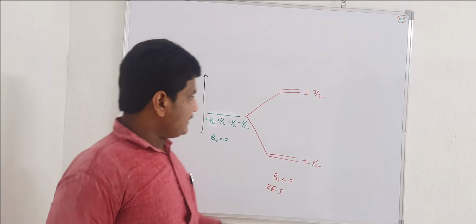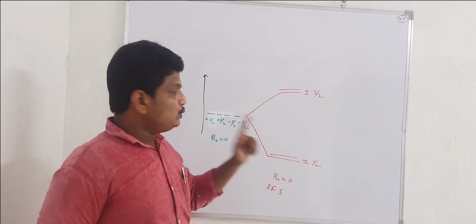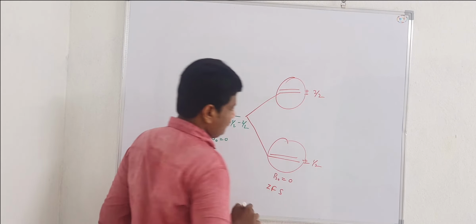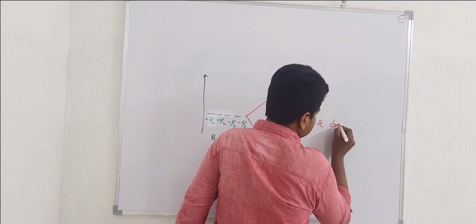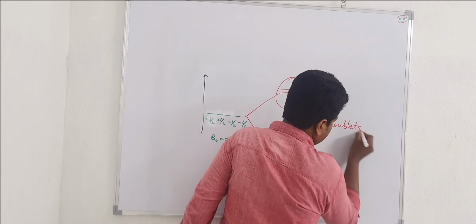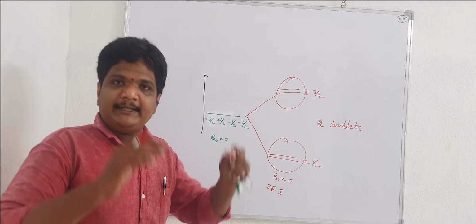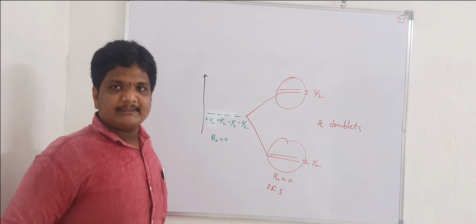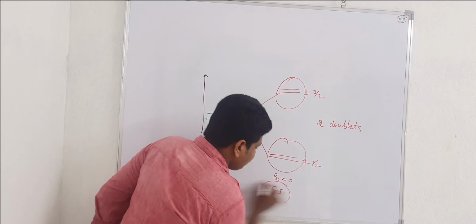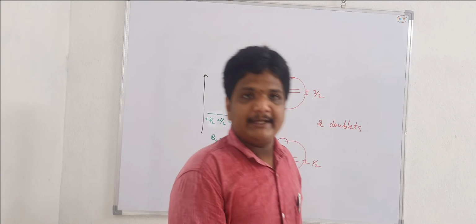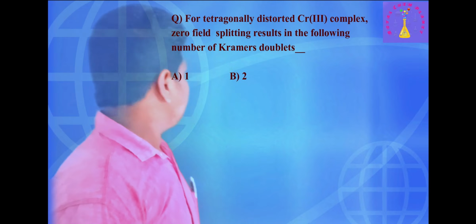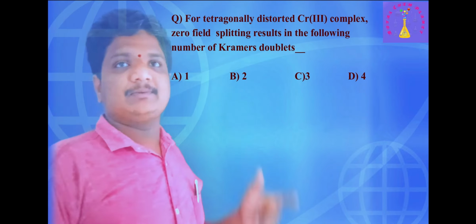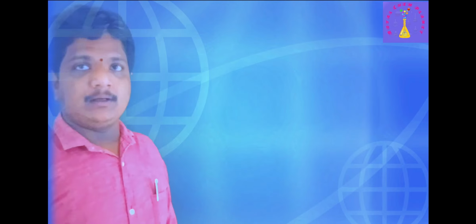So in this Kramers degeneracy, we have 2 doublets. Here this is one doublet and this is another doublet. So 2 doublets. It means there are 2 doubly degenerate energy levels that we have observed in zero field splitting of the chromium plus 3 complex. So here the correct option is 2, so B is the correct option for this question.